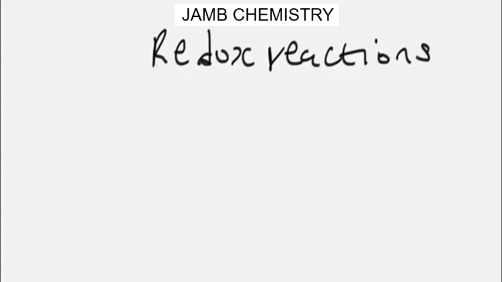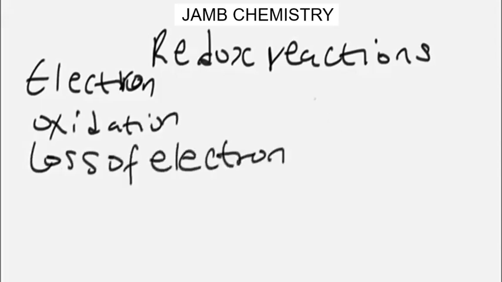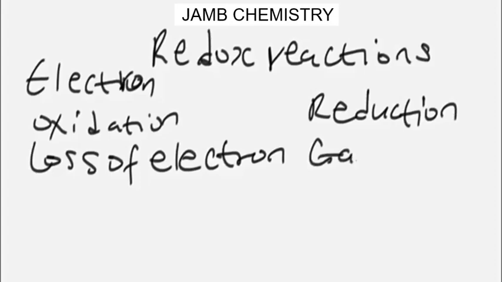With the case of redox reaction, we are looking at the concept of gain or loss of electron. Now, in redox reaction, we define oxidation reaction as loss of electron, whereas we define reduction reaction as gain of electron.